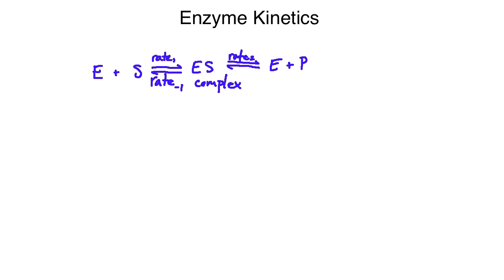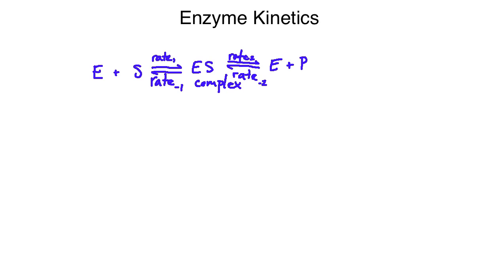Rate 2 is the dissociation of the enzyme-substrate complex into the enzyme and product, and then you could also have rate -2, and that is moving back in the direction where the enzyme and product would come back together to form the enzyme-substrate complex. So this is much more complicated than what we were originally looking at as far as general chemistry kinetics.